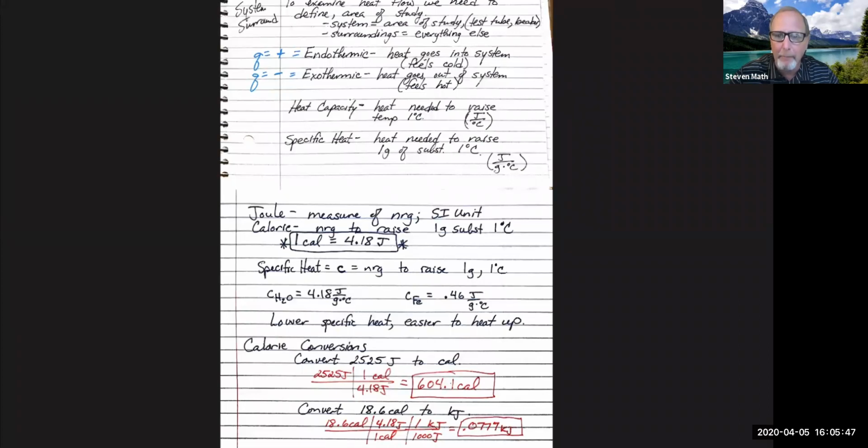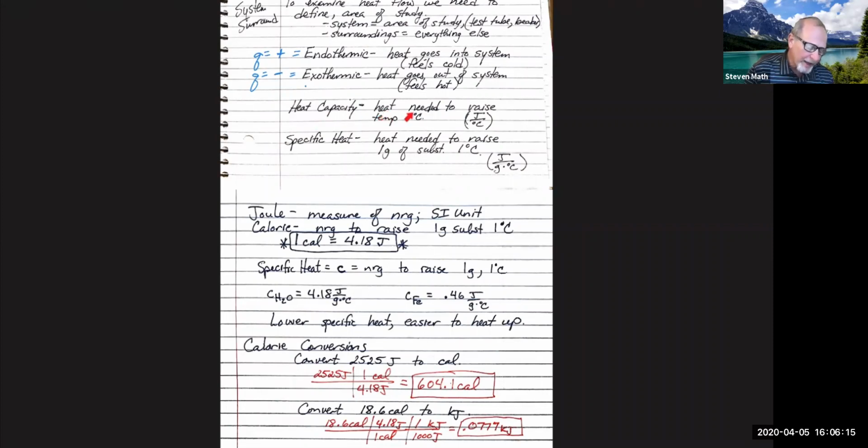The coffee cup is losing energy. The coffee is giving off its energy to my hand. So Q of the coffee cup is negative. Now, that's my flow of energy both into and out of. Endo in, exo out.